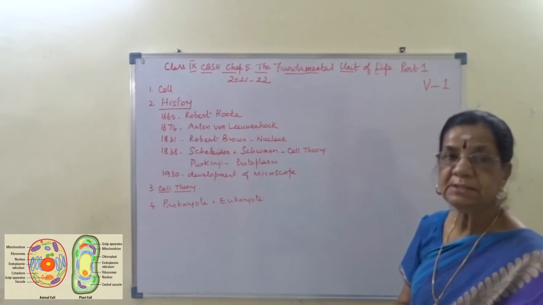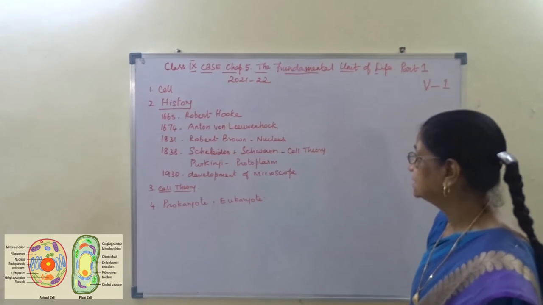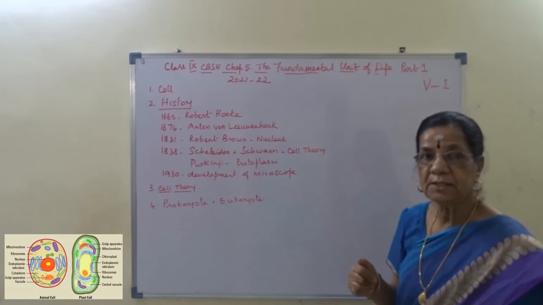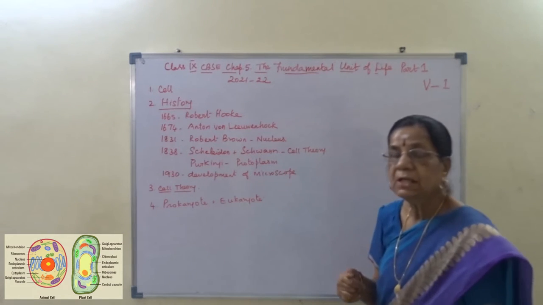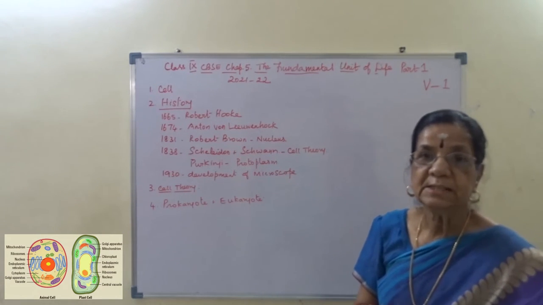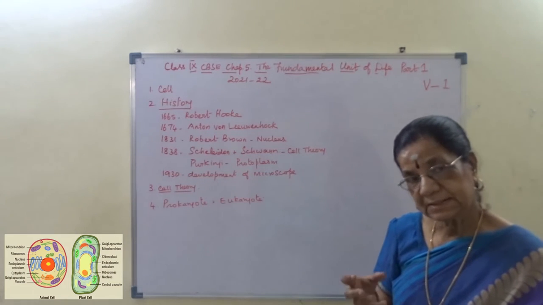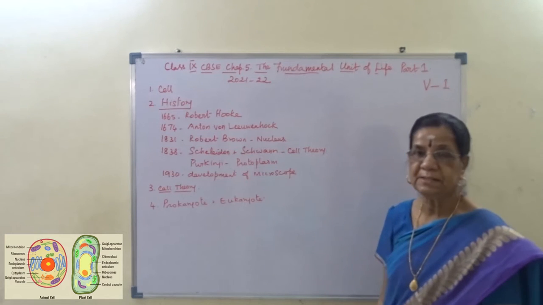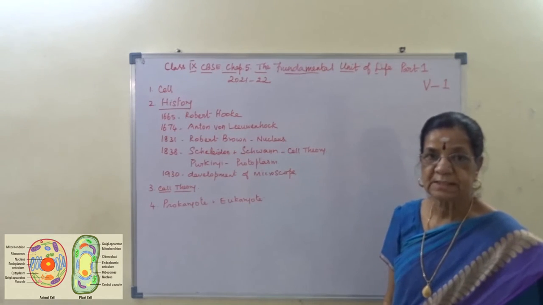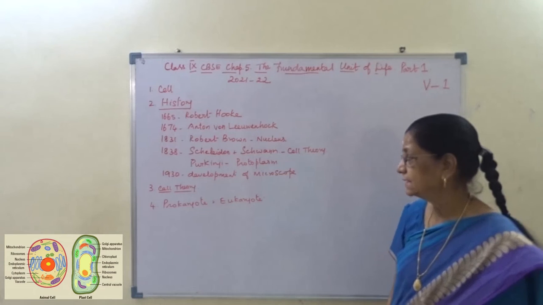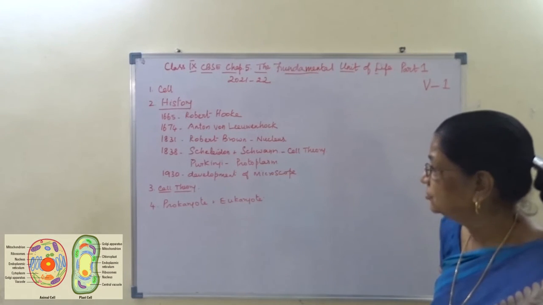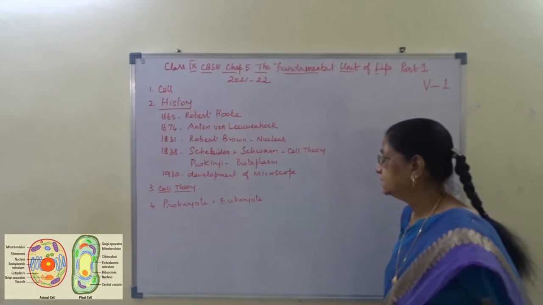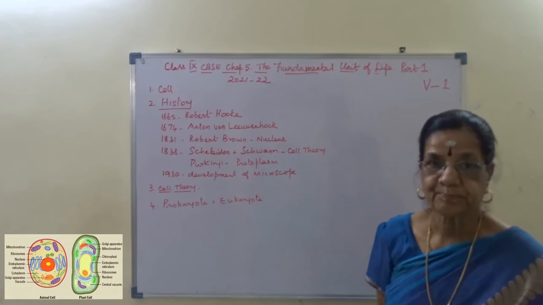And in the year 1838, it was Schleiden and Schwann, along with another scientist, Adolf Virchow, who stated the cell theory. I will come back to that cell theory again. Then Purkinje, another scientist, coined the term protoplasm.